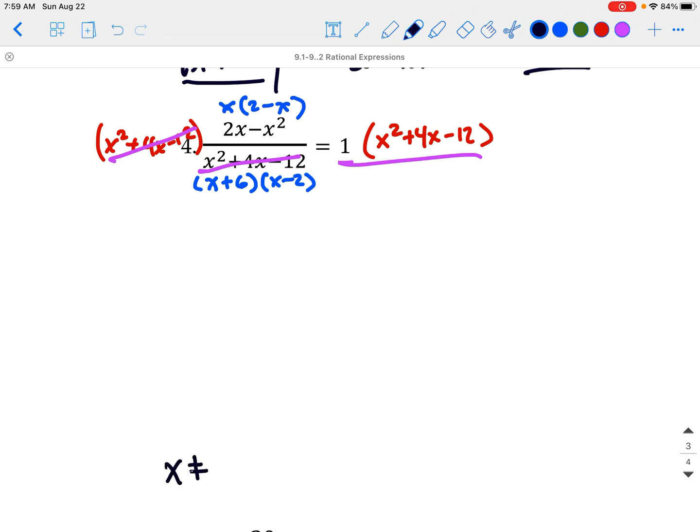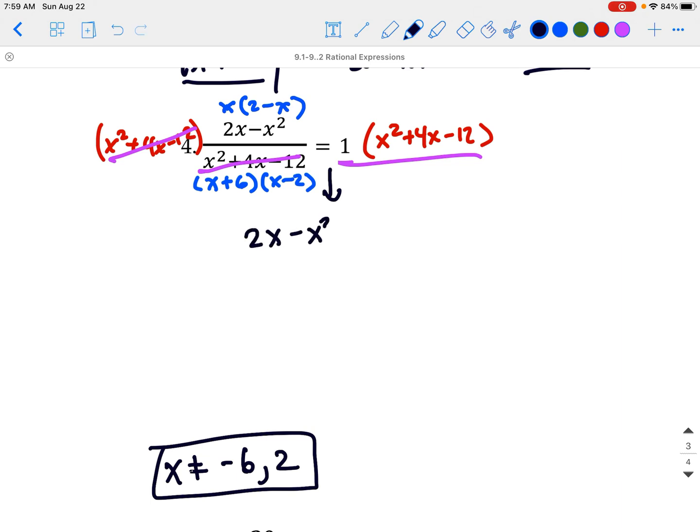And actually, before going on, let's just note here what's undefined. So -6 and 2 cannot be solutions. So what we're going to end up with after multiplying both sides is 2x minus x squared equals x squared plus 4x minus 12. And then we're going to combine all the like terms.